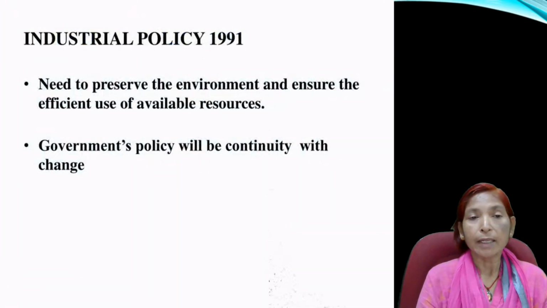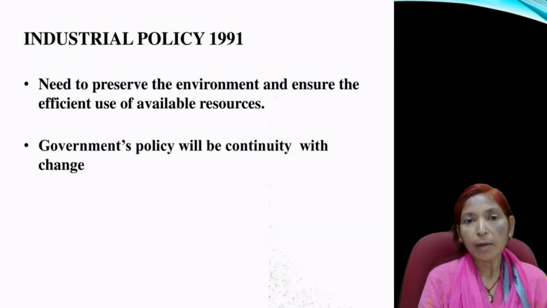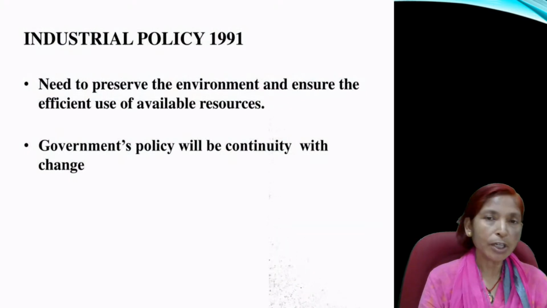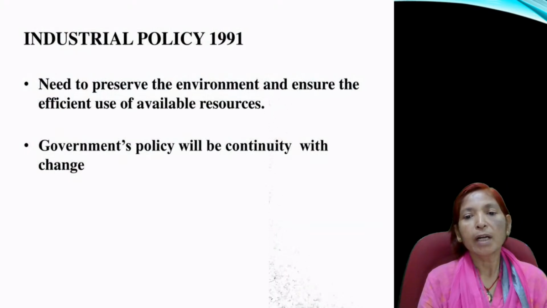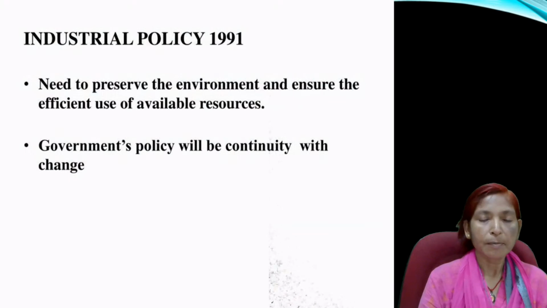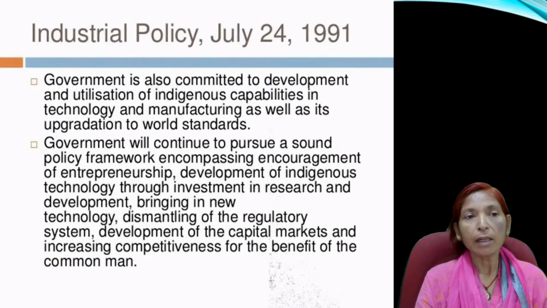Now next is the 1991 industrial policy, which is very important to understand, because this industrial policy is at present going on. It needs to preserve the environment and ensure the efficient use of available resources. Government policy will be continuity with changes. So this is the very important policy of 1991.